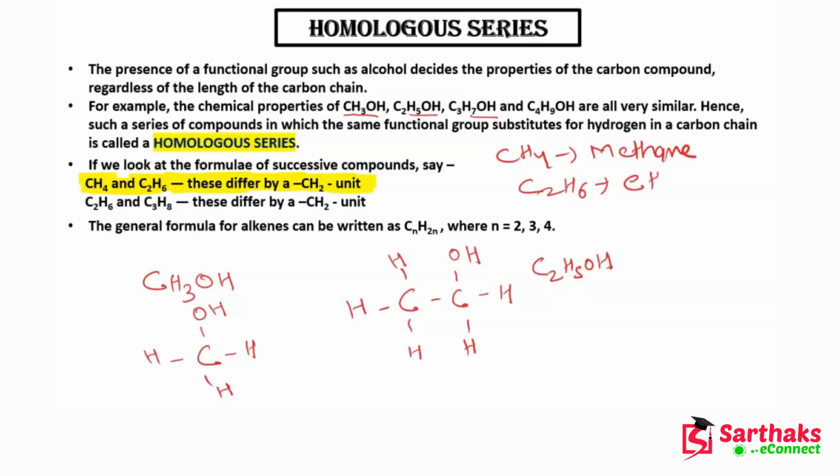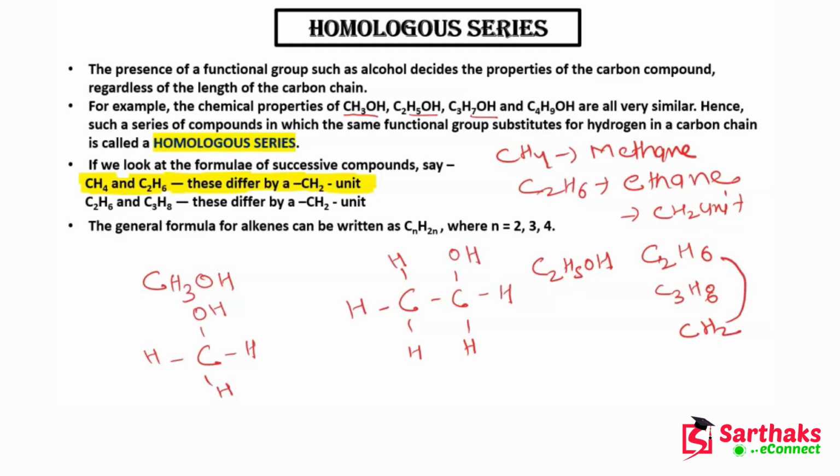This is ethane. Now what is the difference between ethane and methane? There is a difference of a CH2 unit. If I add this CH2 unit to methane, it will become ethane. And the difference between C2H6 and C3H8 is also CH2.